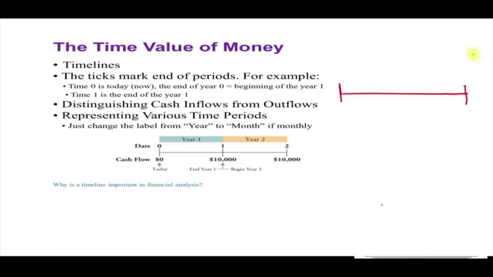If you see, this is a timeline, and zero means today. You are standing here, normally making your decisions here. The tick marks mean period 1. I'm saying period, not year. A period could be monthly, quarterly, semi-annually, daily. So period 1, period 2, 3, 4, 5 and 6.